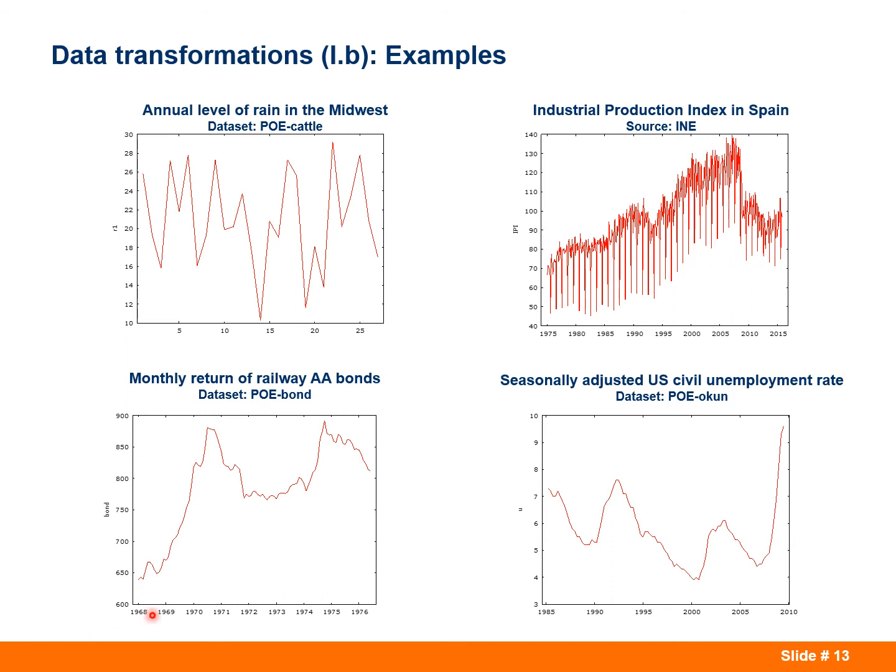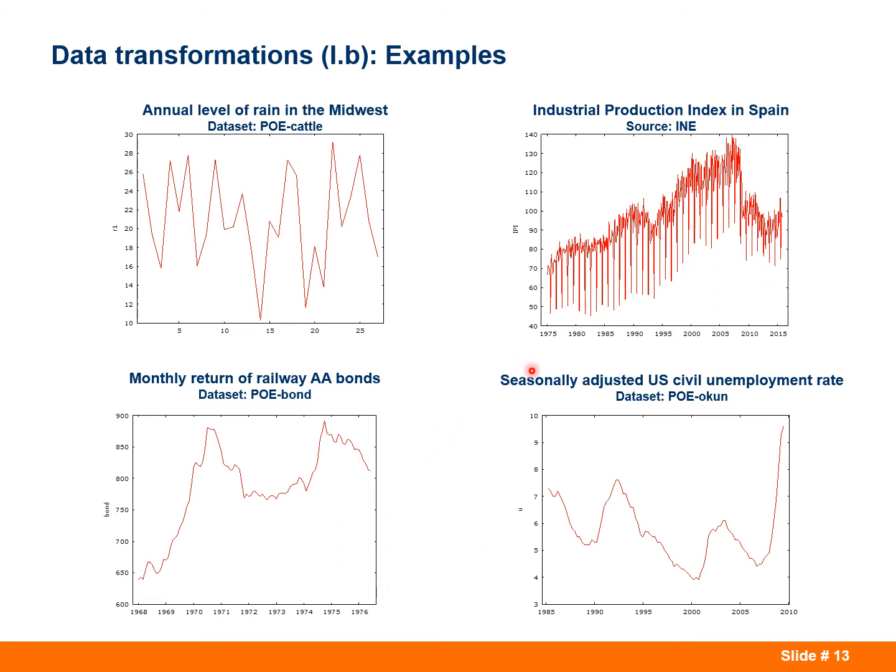Then here we have the monthly return of railway bonds in the United States. As you can see, this time series displays changes in the mean. The mean is more or less stable around here, but here moves up, falls down, goes up, goes down. So it is not stationary in the mean.